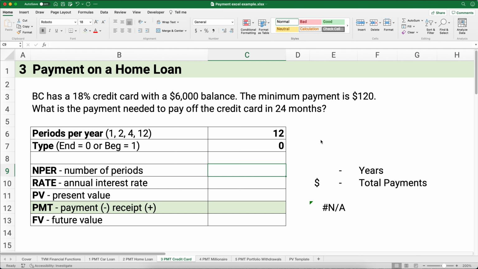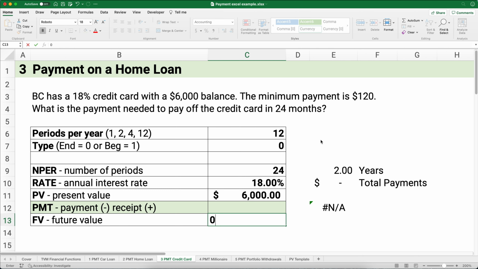The number of periods, we're going to try to pay this off in 24 months. So let's see what else. Our rate is 18%. The present value is $6,000. We're going to make that positive, and the future value is 0, and we're going to calculate the payment here. So this pays off in 2 years.